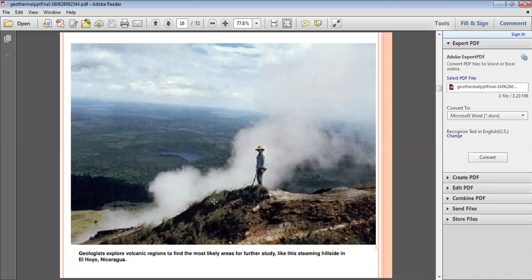The steaming is the site, analyzed for geographical and geochemical reasons. This is a volcanic region and a likely area for further study, since there has been a lot of volcanic activity nearby, so the area might be a suitable location for a geothermal source.